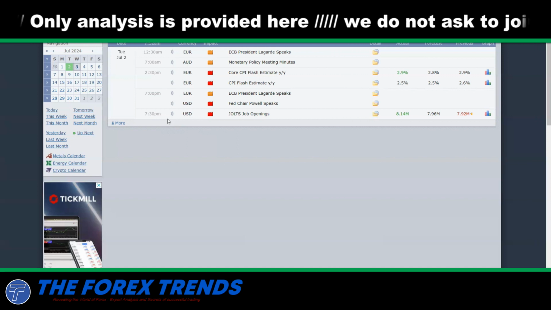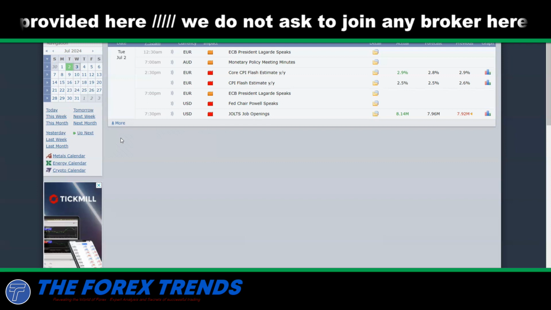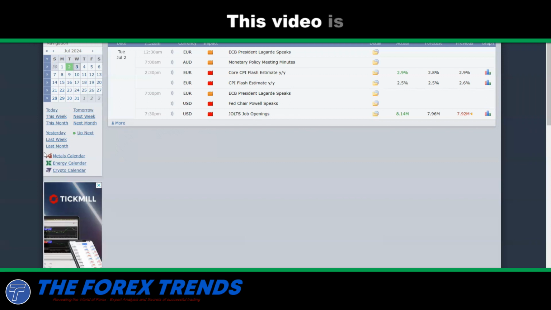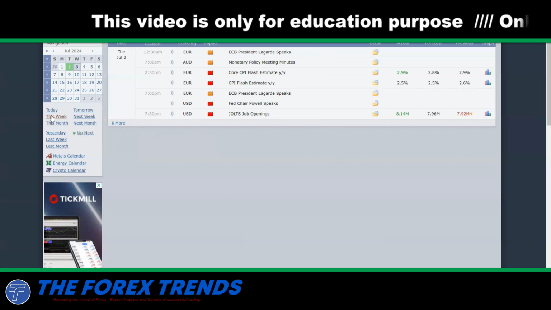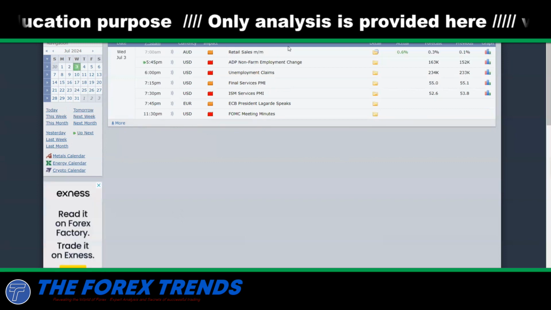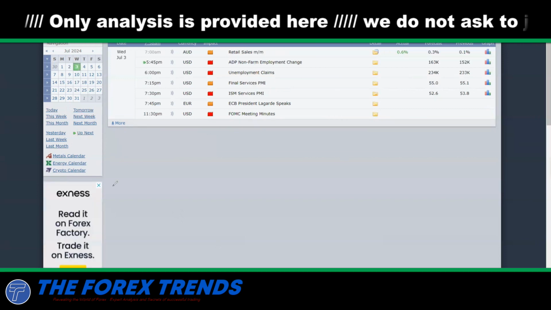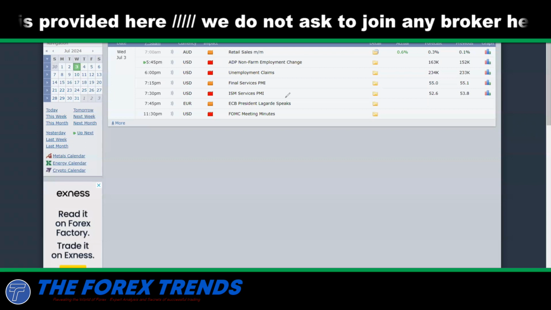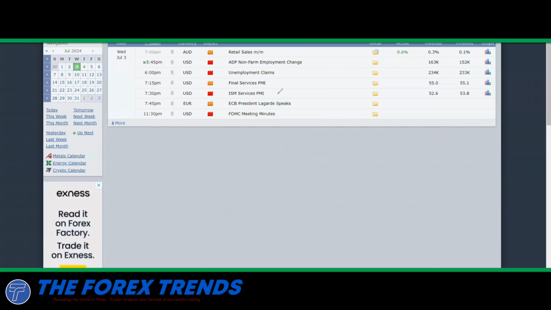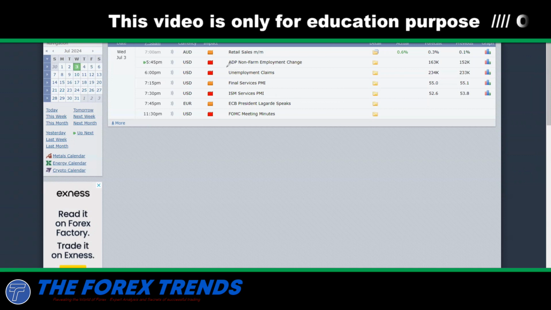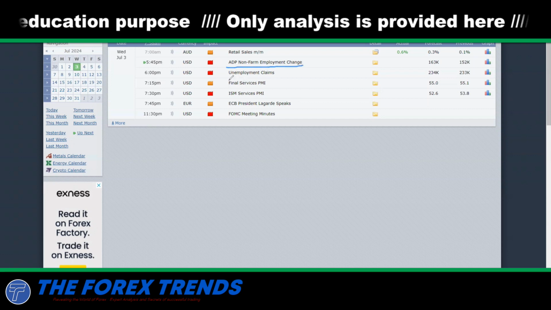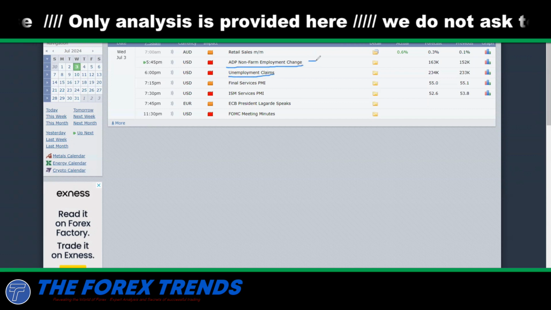So this week we have the news of NFP, which represents the labor market condition. If we see today's economic calendar, there are multiple news lined up for today, and all are high impact news, and we may see good volatility in the market. The first at 5:45 p.m. IST is ADP non-farm employment change and at 6 p.m. unemployment claims.